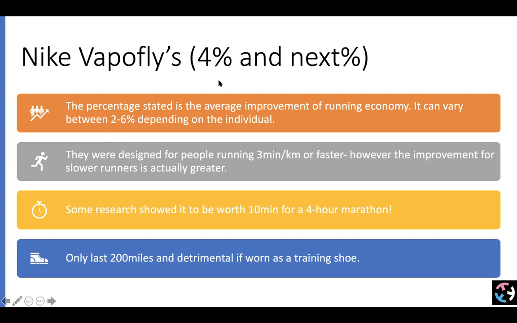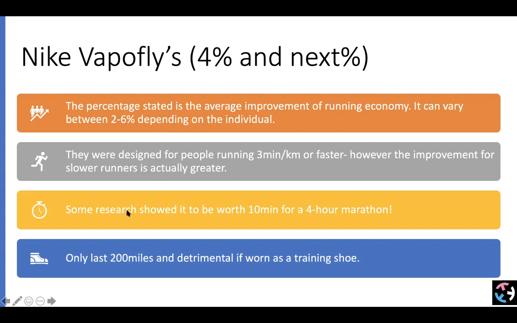But generally these are around the 4% mark. They were designed for people running 3-minute Ks or faster. However, the improvement for slow runners is actually greater, mainly because of the speeds that people are running at, and because they can be generally less efficient.